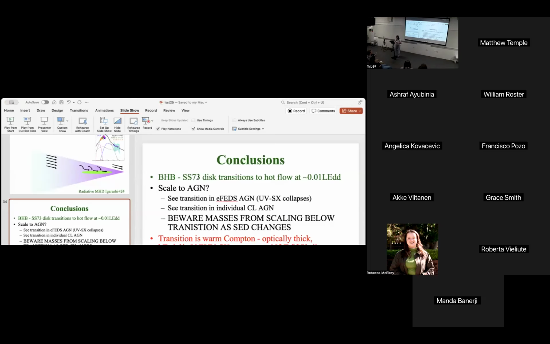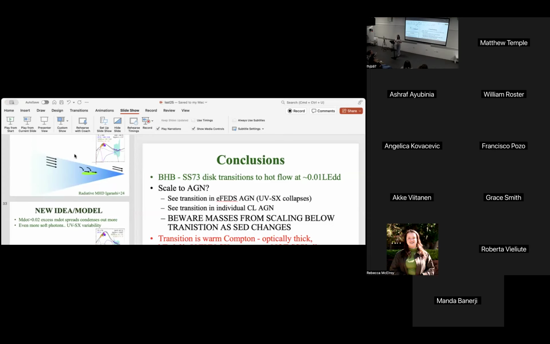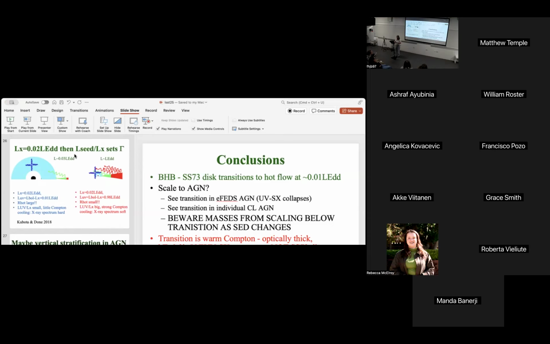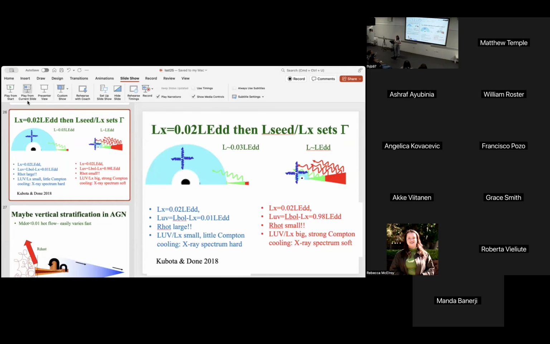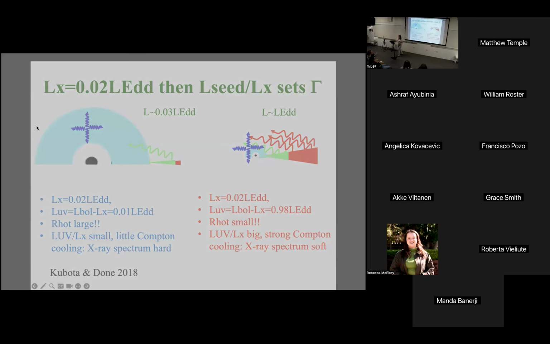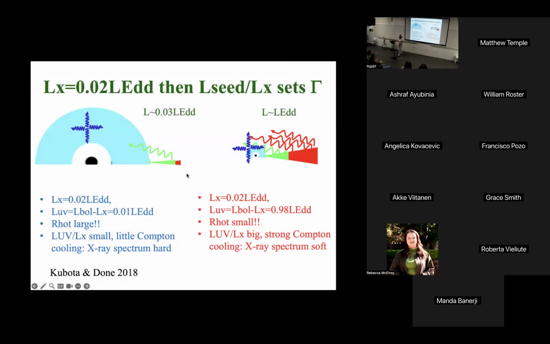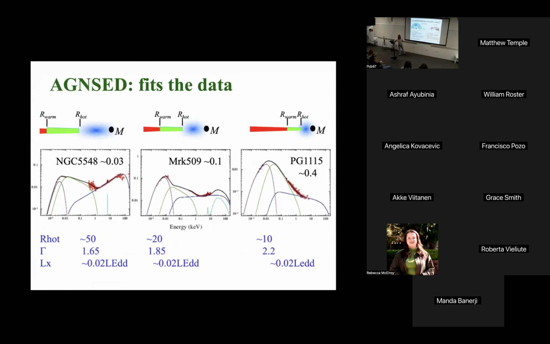Let's go back. So you can put this together into models of what the accretion flow is doing. And you can get a picture that describes this changing spectral shape as a function of both mass and mass accretion rate.